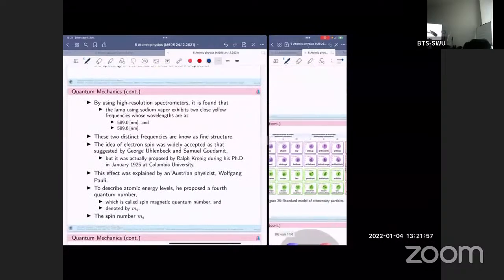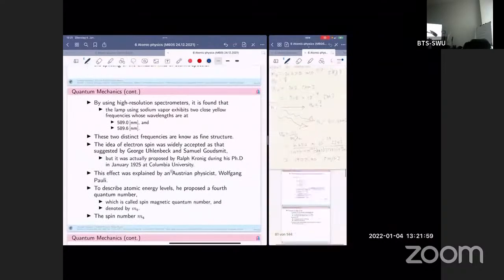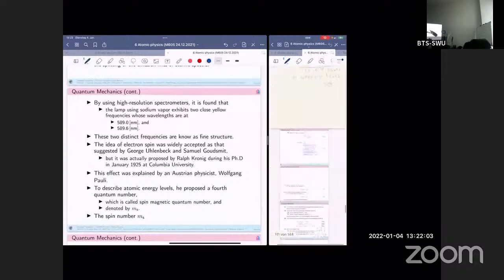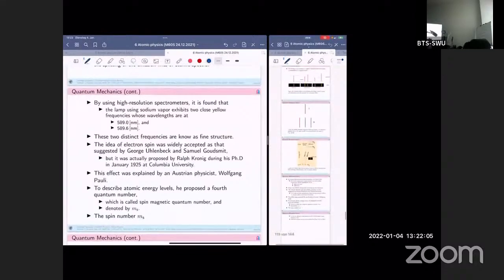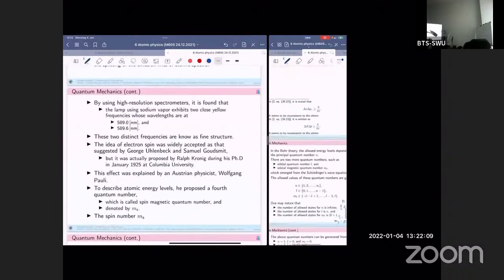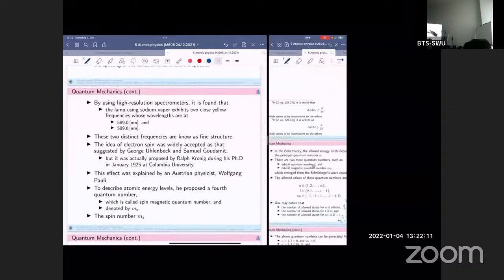The second one is called the orbital quantum number, and it is denoted by the letter L. And the third one is the orbital magnetic quantum number, m with subscript l. And the last one is called spin.